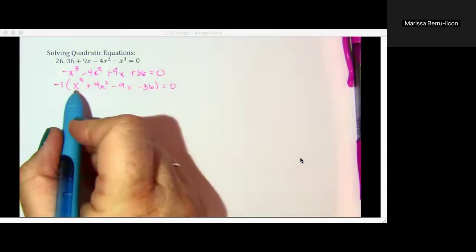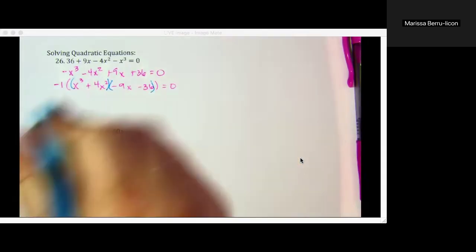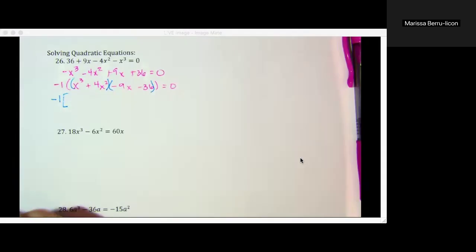And now I'm ready to use factoring by grouping on this inside part here. So I'm going to keep this -1 out front and it'll get carried along for a bit.